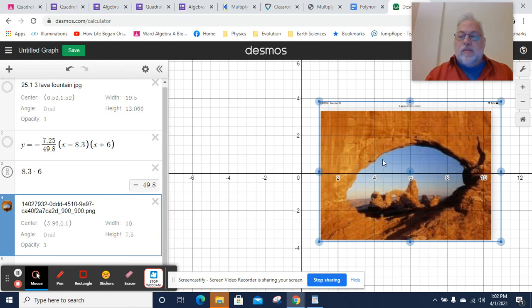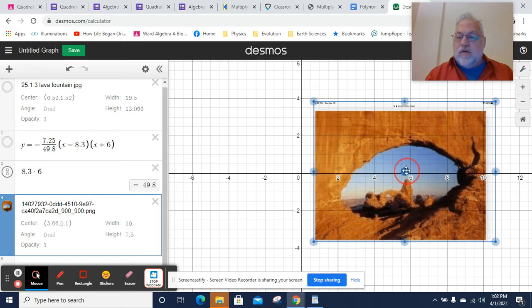So I'm going to use this as the main parabola. It seems like some extra stuff broke off here, but right here is what I want to match. So I'm going to move it a little over so that 9 is going to be one of my x-intercepts. And then over here, it looks like I'll have 3 as my other one.